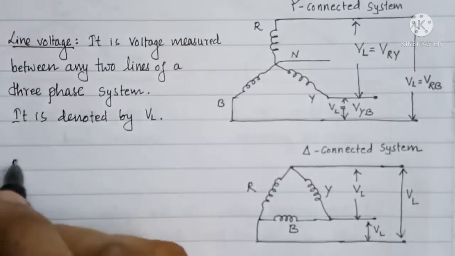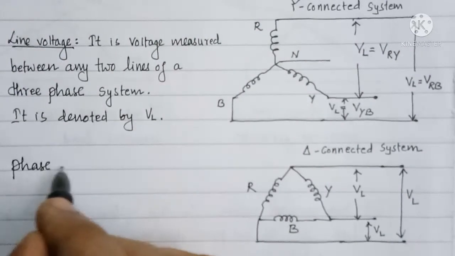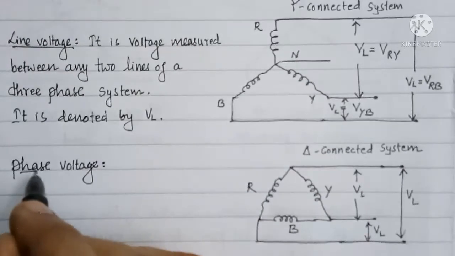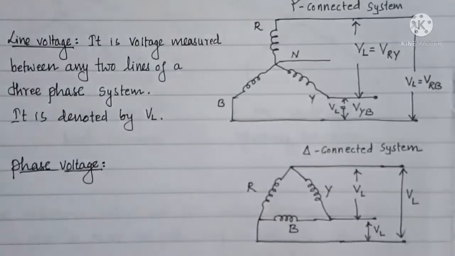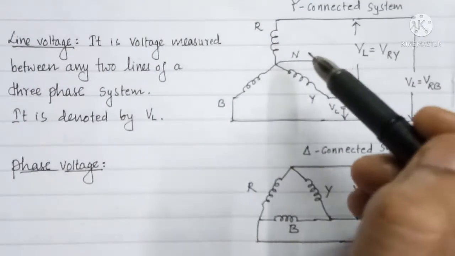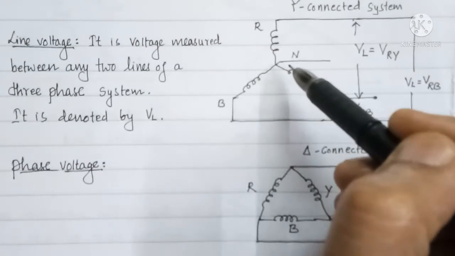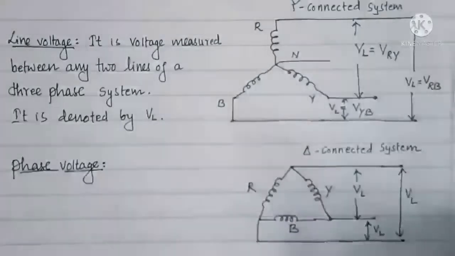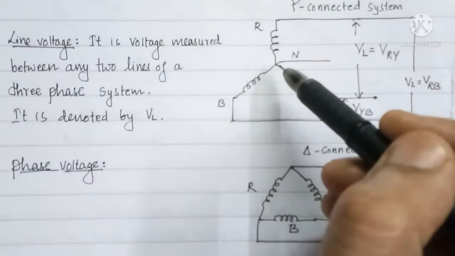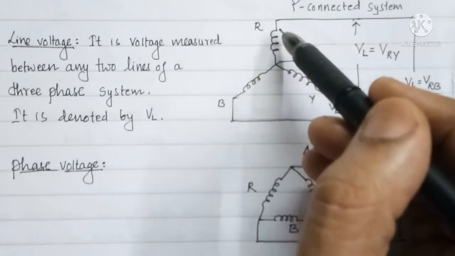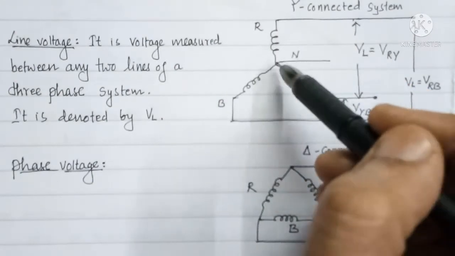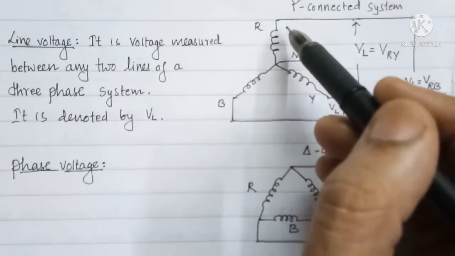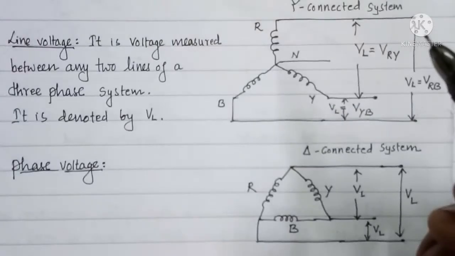Now we will define what is phase voltage. Phase voltage is voltage measured between neutral point and a line for star connected system, or it is simply voltage measured across phase winding in case of generator, and it is voltage measured across phase impedance in case of three-phase load system.